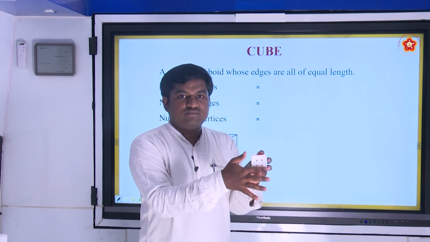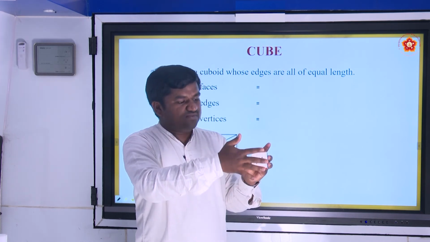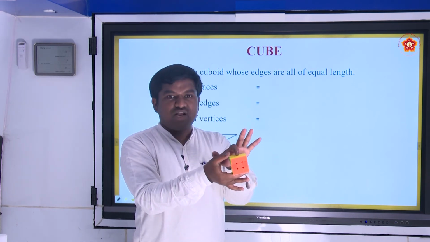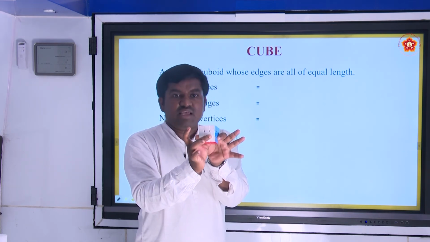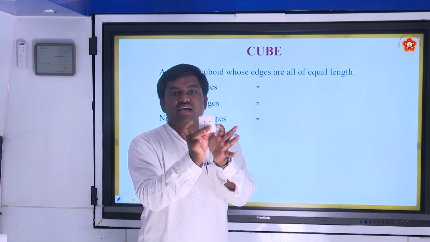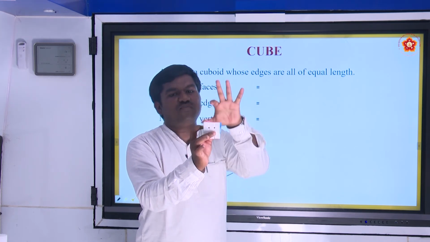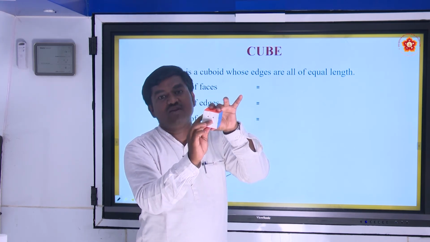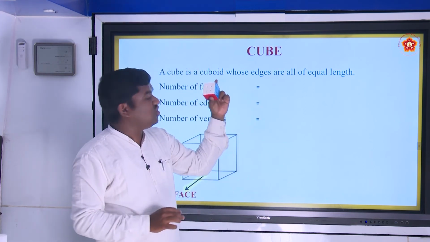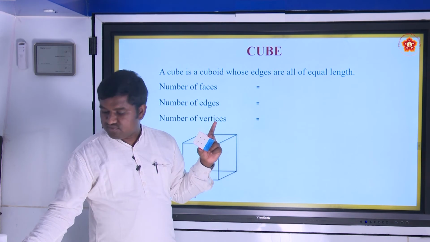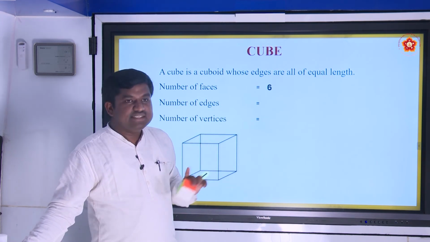This is one face, meaning a flat surface. This is face 1, back one, face 2, right side, face 3, left side, face 4, top one, face 5, bottom one, face 6. Total 6 faces are there in a cube.